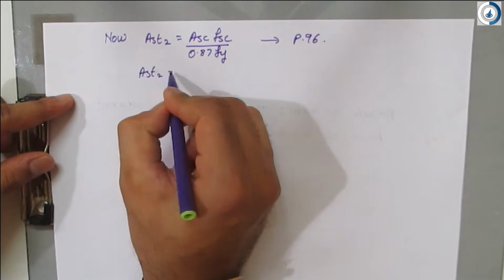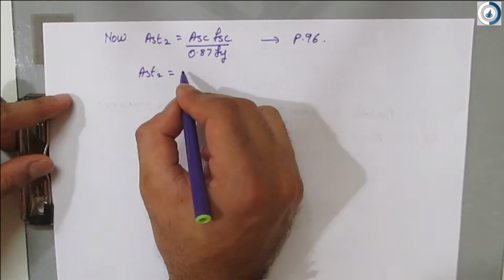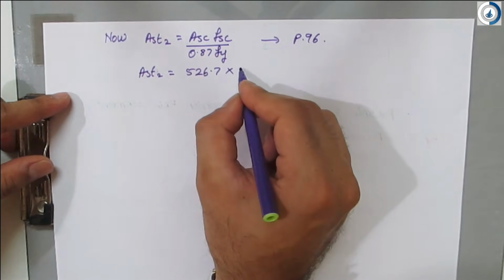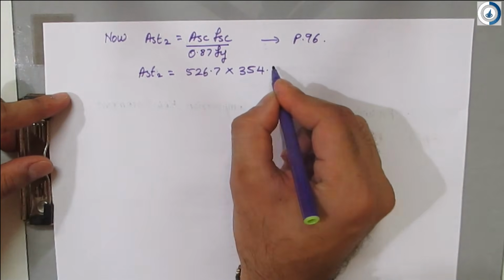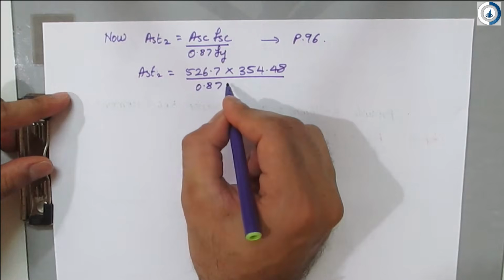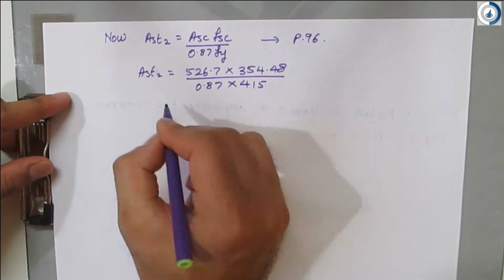Just substitute the ASC value which we had calculated as 526.7, FSC calculated as 354.48, divided by 0.87, and Fy is 415.